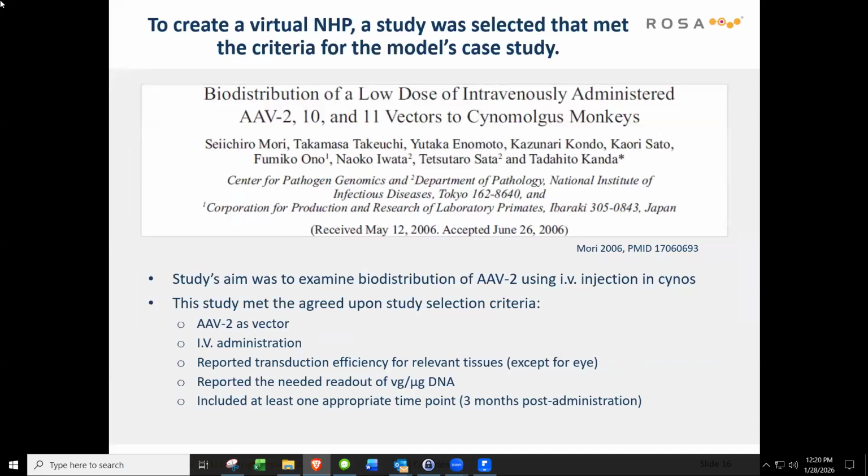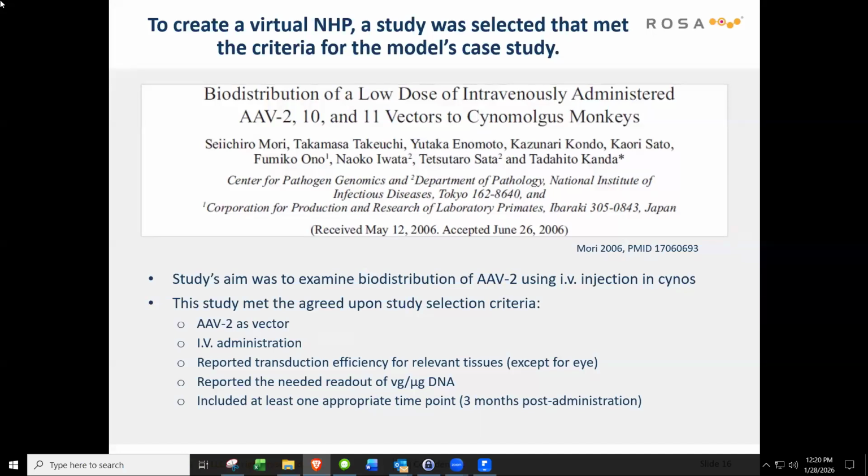Now, to create a virtual NHP, we took a different reference, this one from 2006. The goal of this study was to study the biodistribution of AAV2 using IV injection in cynos, these primates.